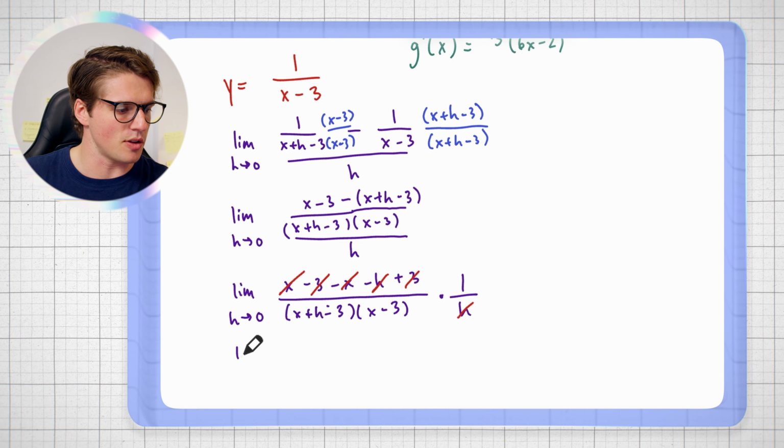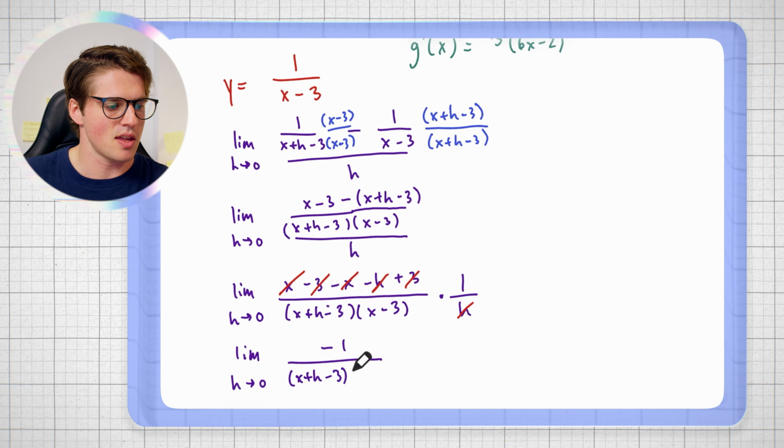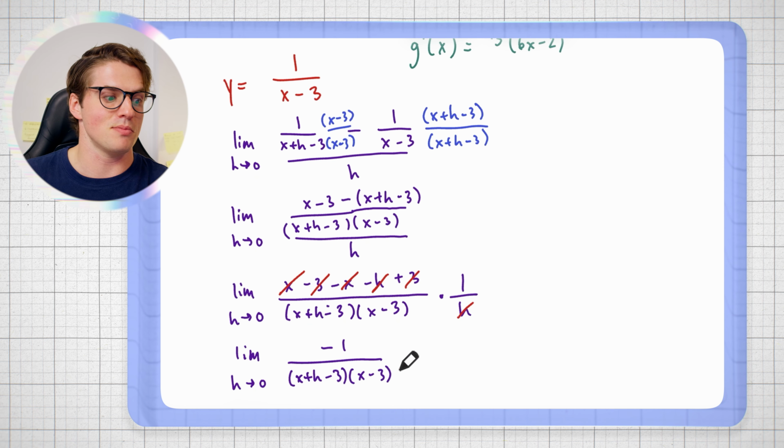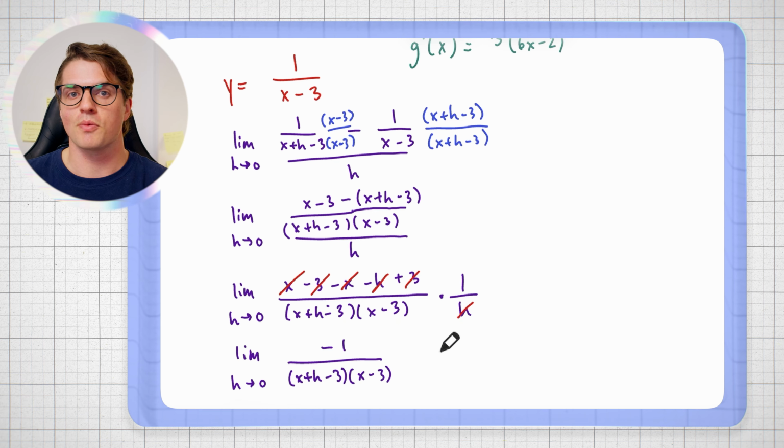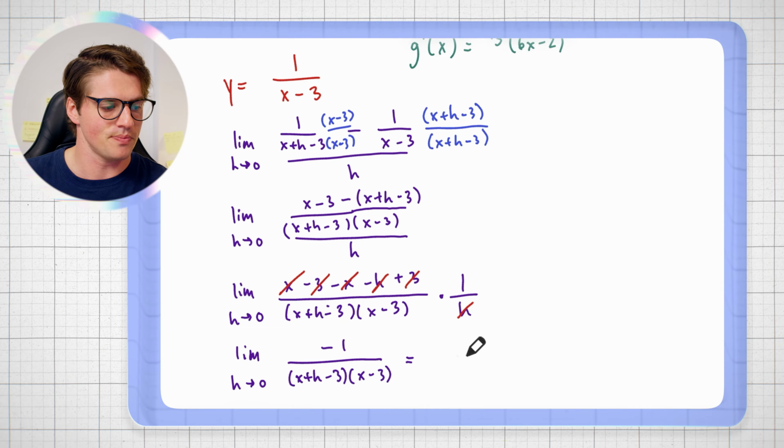And we'll be left with the limit as h goes to 0 of negative 1 over x plus h minus 3 times x minus 3. And we've got rid of our h's, so now we can just plug in h equals 0.